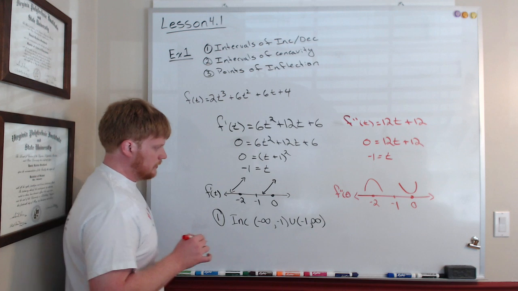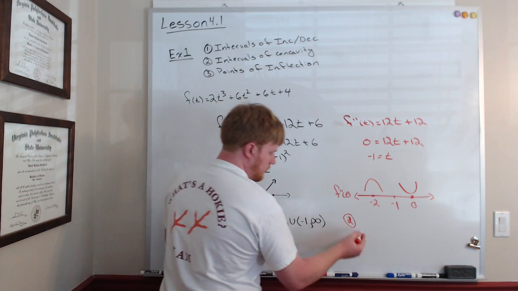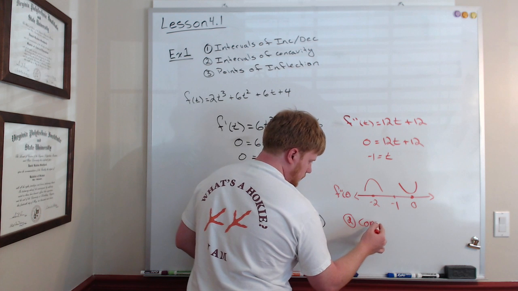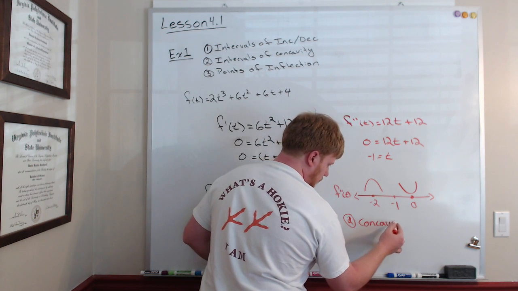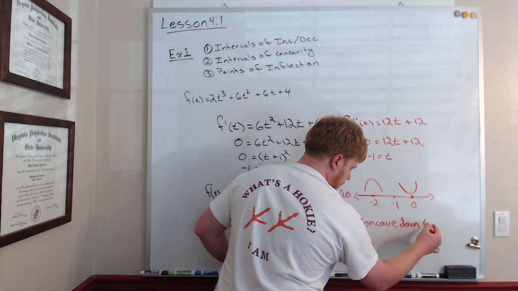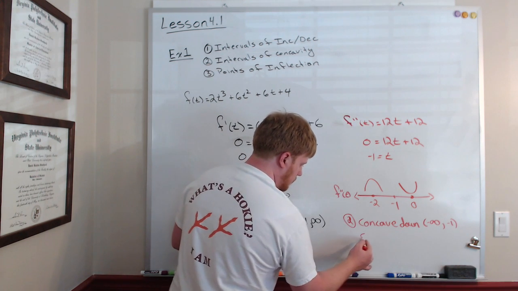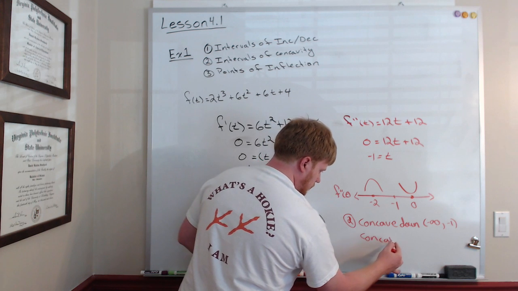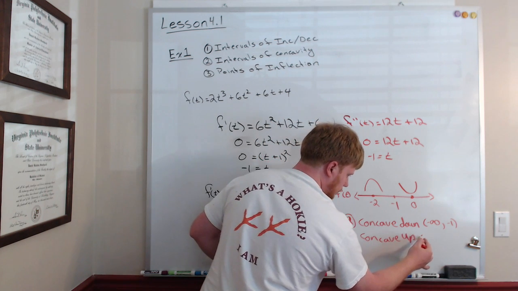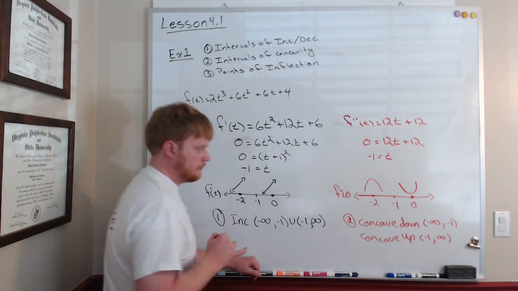Okay. So to answer part 2, I am concave down from negative infinity to negative 1 and concave up from negative 1 to infinity.